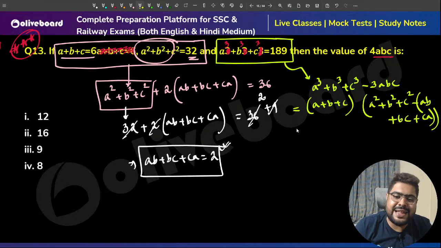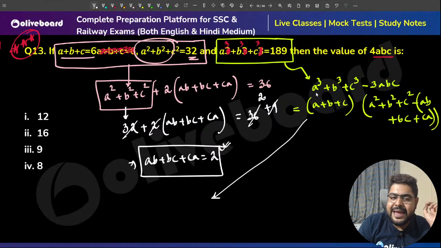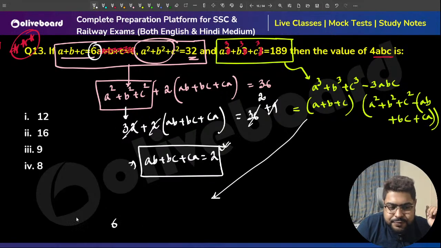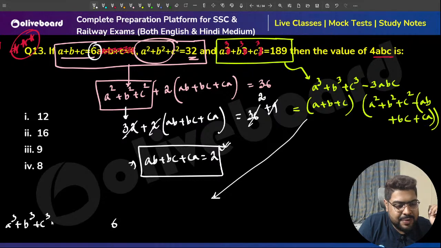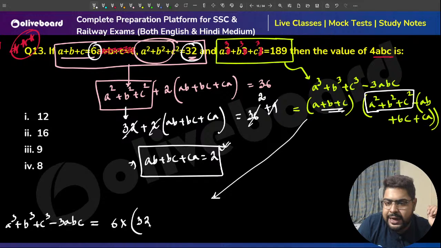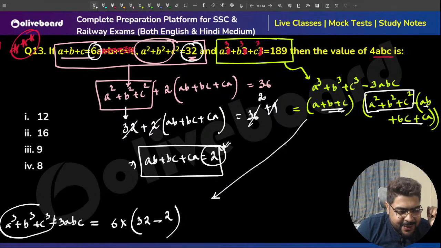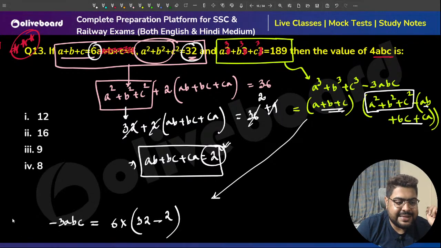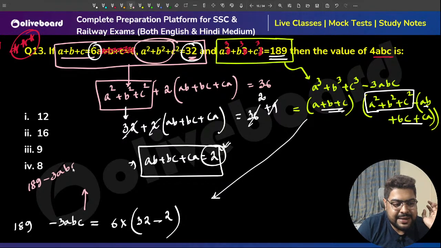Now I can put down my values because I almost know all the values. a plus b plus c is 6, into a square plus b square plus c square, which is 32, minus (ab plus bc plus ca), which is 2. So a cube plus b cube plus c cube, which is 189, minus 3 times abc is equal to 6 into 30, which is 180. So abc value is 3.